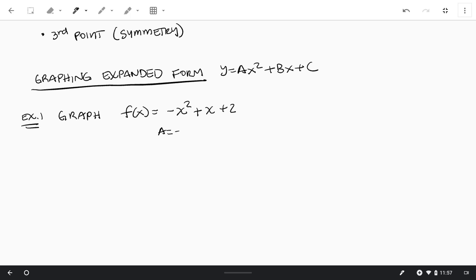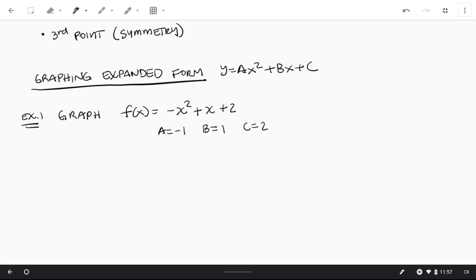Okay, so a is -1, b is +1, and c, which we won't use in the formula, but it's nice to be able to identify all of these things. All right, so let's go ahead and find the vertex.